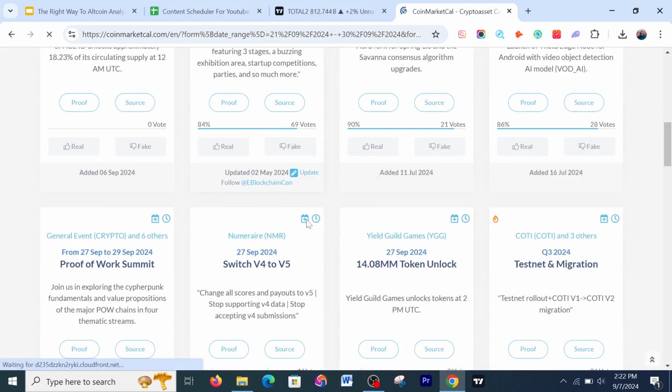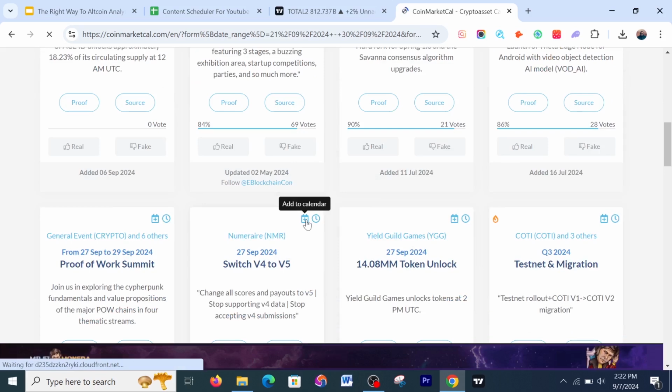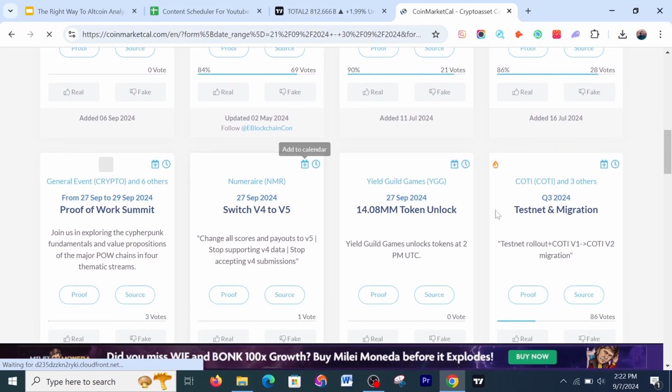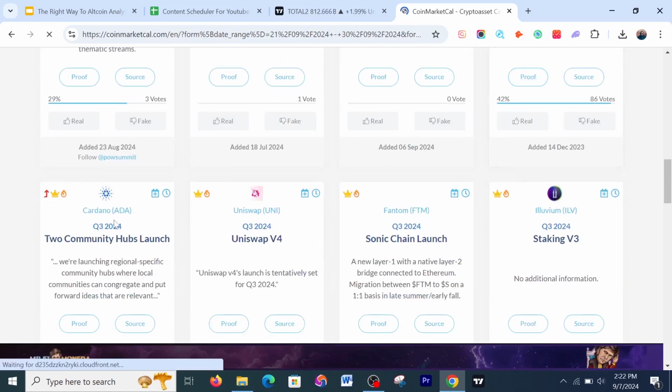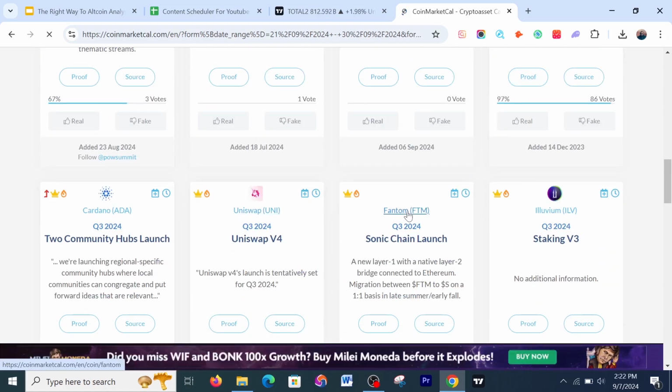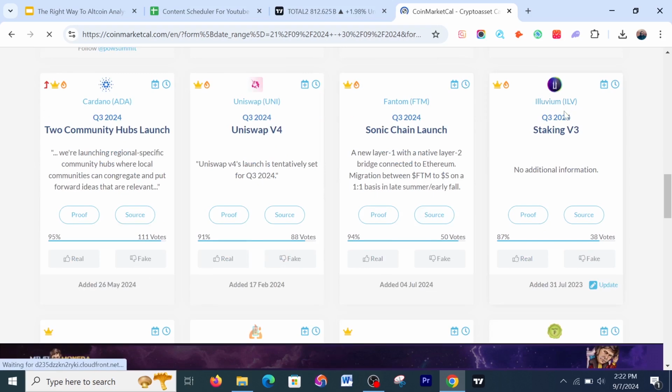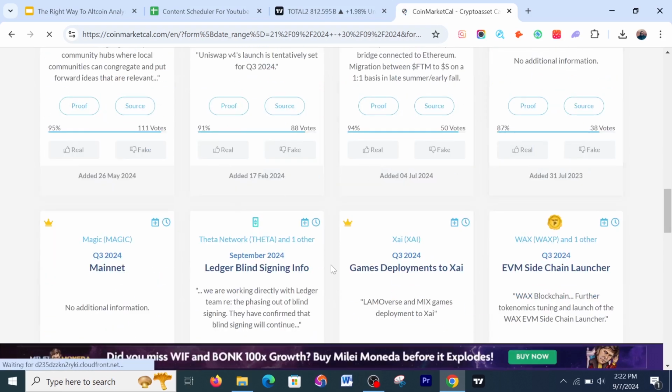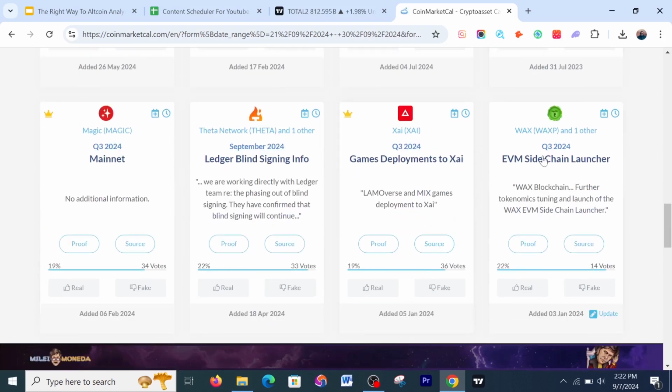So what I do is I look for the cryptocurrency that has the most news, and that's the one I get into. So there is Koti here. Let's see, there's Cardano, there is Uniswap, Phantom, Illuvium, Magic, Zao, Wax.